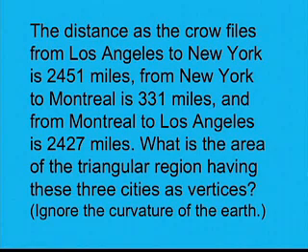What is the area of the triangular region having these three cities as vertices? Ignore the curvature of the Earth. Of course, we want to ignore the curvature of the Earth because that would change that slightly. And when we talk about the crow flies, we'll assume it's a completely straight line.